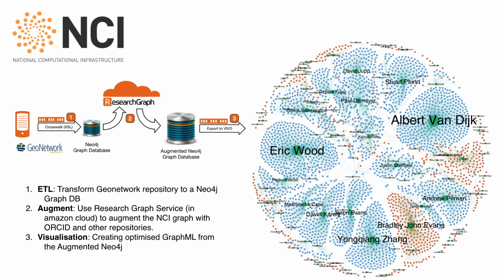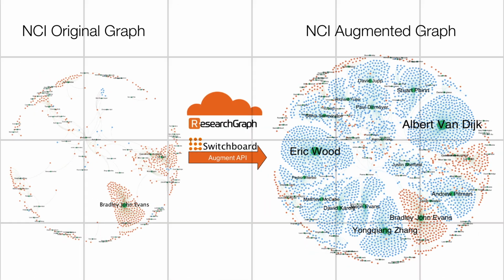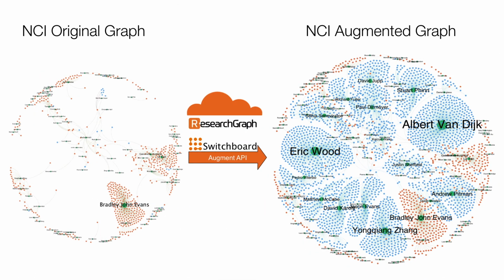To get a picture of what it means, let's look at the NCI graph before and after augmentation. On the left, you can see the NCI original graph, and on the right, you can see the NCI augmented graph. As you can see, the NCI GeoNetwork database includes lots of different datasets, some publications, and some researchers.